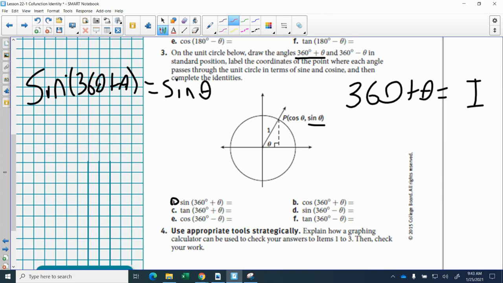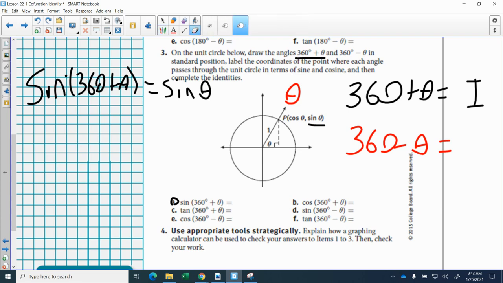Versus the other one you could see would be 360 minus theta, which once again, let's try to think about where that would be. If this was a reference angle here, if I would take 360 and subtract that value, we want to think about what quadrant I would be in. Well, once again, we can kind of prove this just by plotting a specific degree in there.